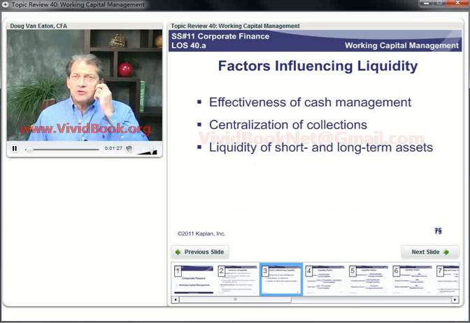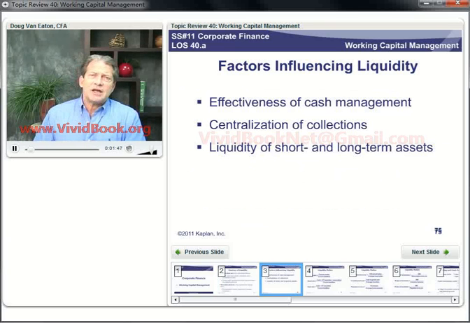So what are the factors that will influence the liquidity of the firm? Well, one, the effectiveness of our cash management. And we'll look at a couple of items to look at. We've got to see that we're investing our cash correctly. When we have excess cash, we're putting it somewhere where it's going to generate some interest. Okay? When we have needs of cash, we employ short-term financing sources that are efficient.